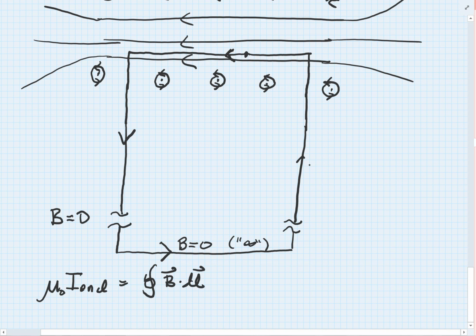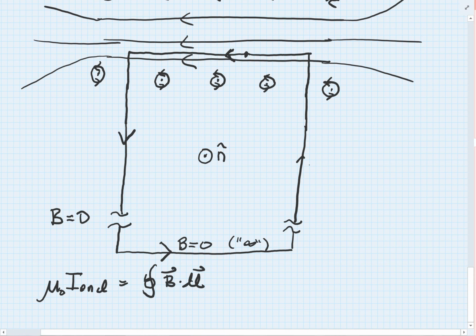That allows me to determine the positive and negative sense for my loop by the right-hand rule. Curling my fingers in this counterclockwise direction, the way that the loop is oriented, my thumb points directly up out of the page. So the normal direction for the surface is going to be outward.